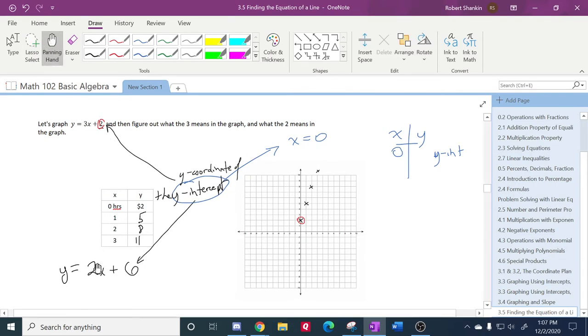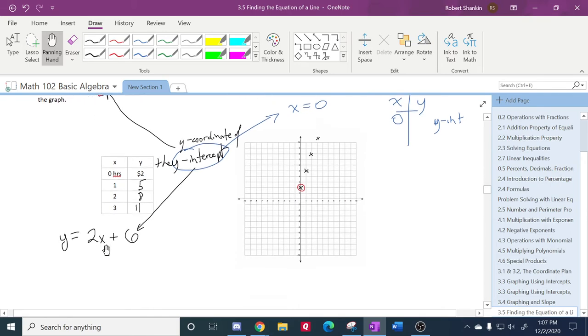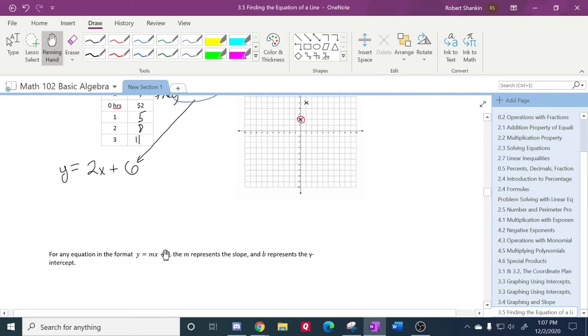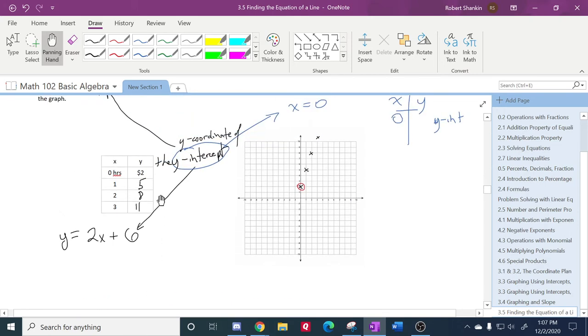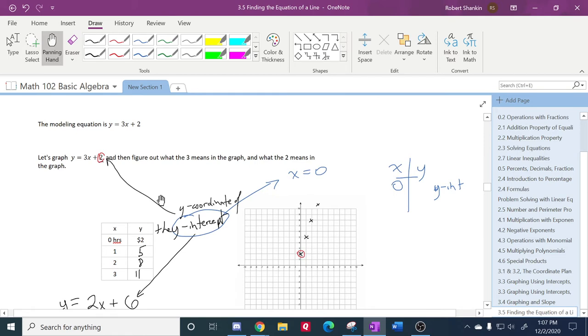The mx portion will get zeroed out, and the y will always equal b. That part gets zeroed right out when x is 0. So, thus, it makes sense that the b, whatever's in this position over here, is always the y-intercept.